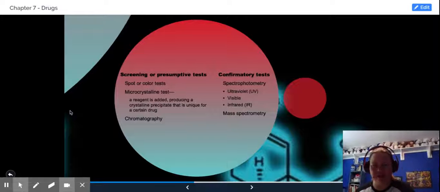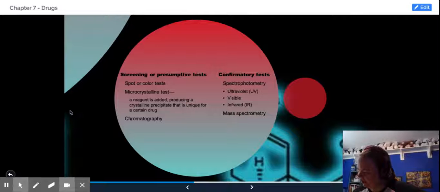So how we test for drugs: we look at screening tests or presumptive tests, and the most common one is a spot or color test. Basically, they have little wells, and they put a sample of the substance in each well, and then add water first and then a little chemical.